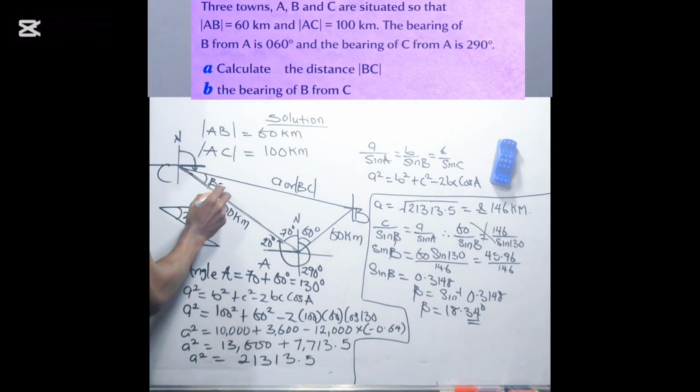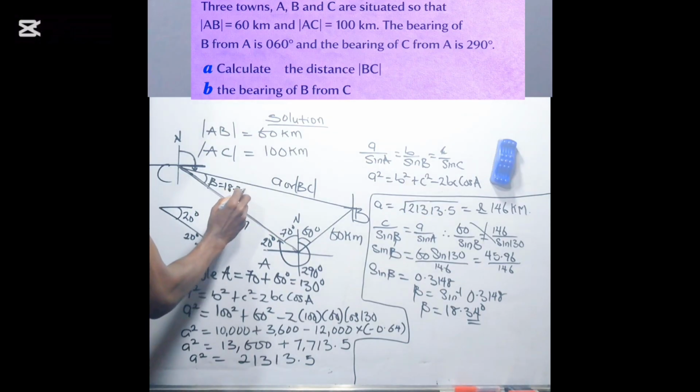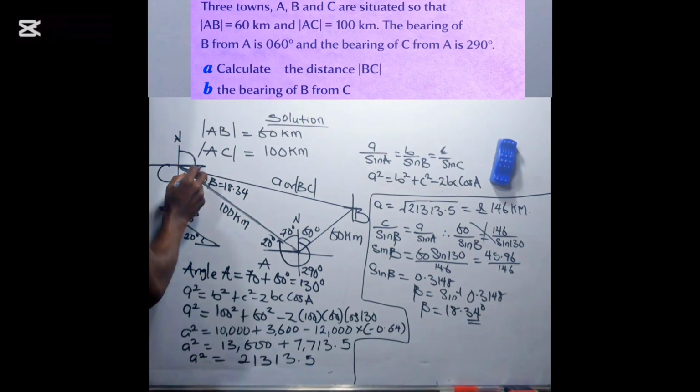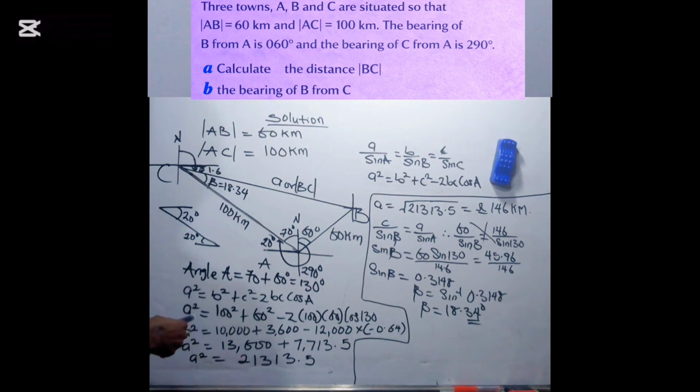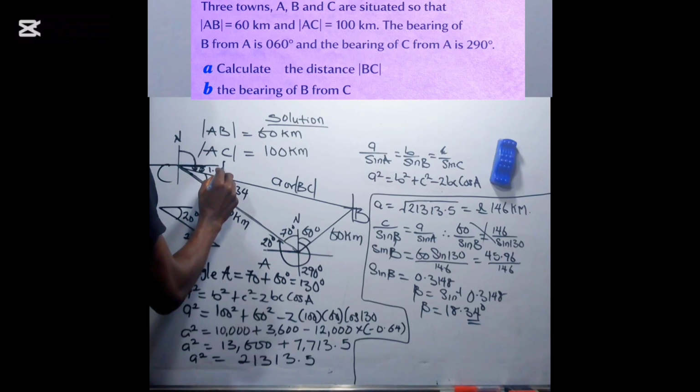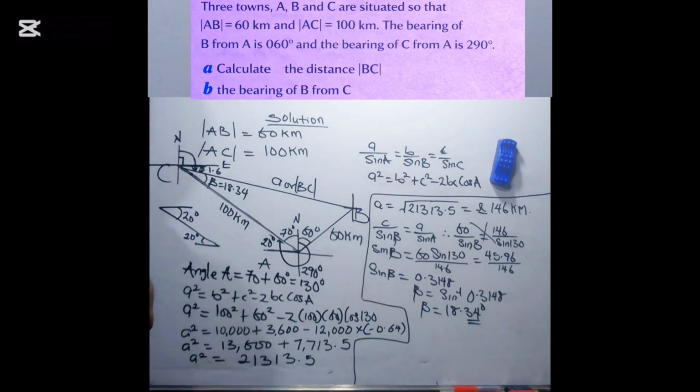But since beta is 18.34, what will be left here? We simply say 20 minus 18.34. That is 1.6. So the angle here is 1.6. So if here is 1.6 and from north to east of C is 90 degrees, then we are looking for from north to line BC, which is 90 degrees plus 1.6.